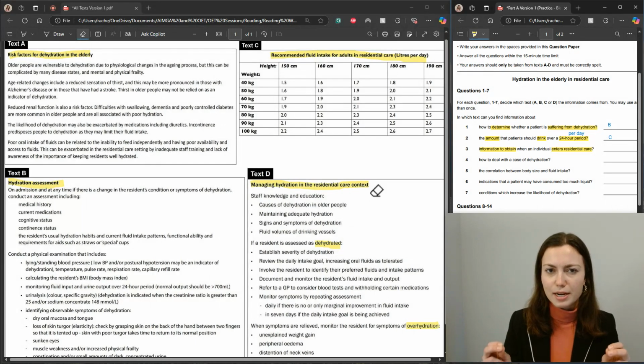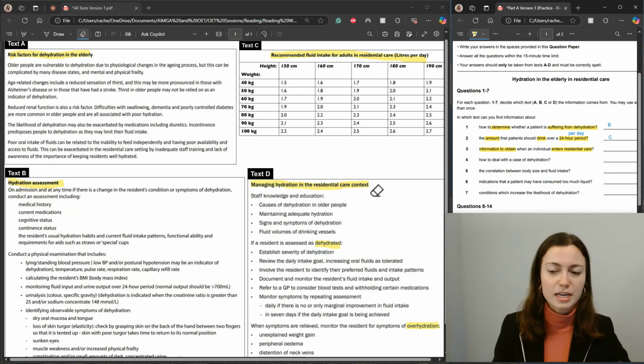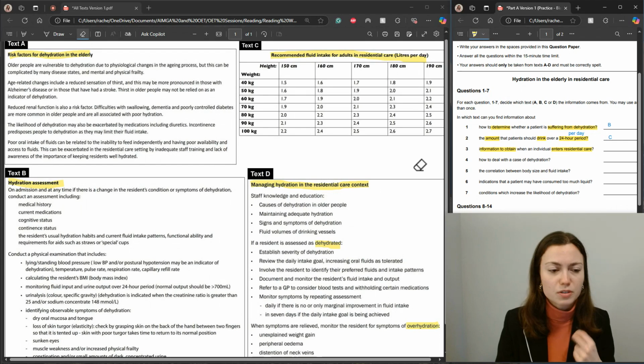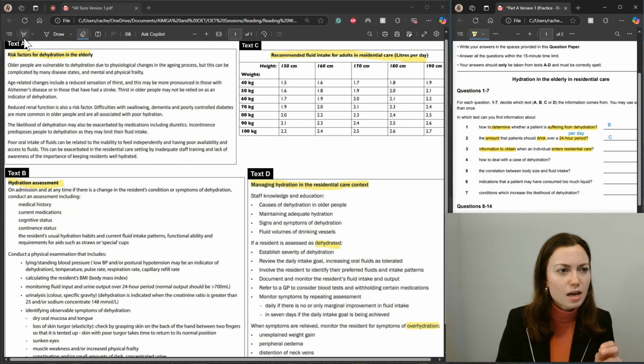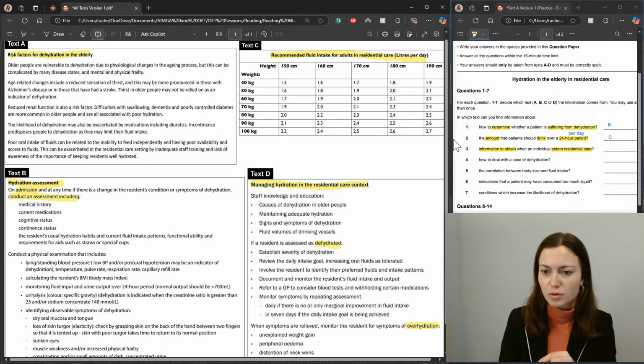So this is a great example of a question where your first guess might not be right, so that's why you have to go to the text and look for evidence. So information obtained when an individual enters residential care. So I'm skimming and scanning. Right off the start, on admission, we see conduct an assessment including. Look how nicely that language reflects what is written.